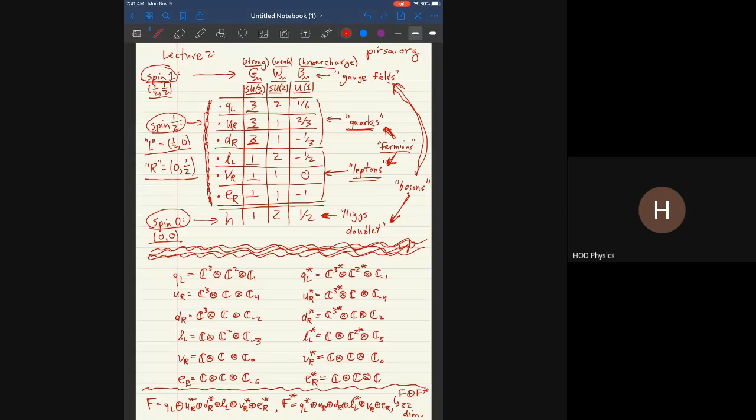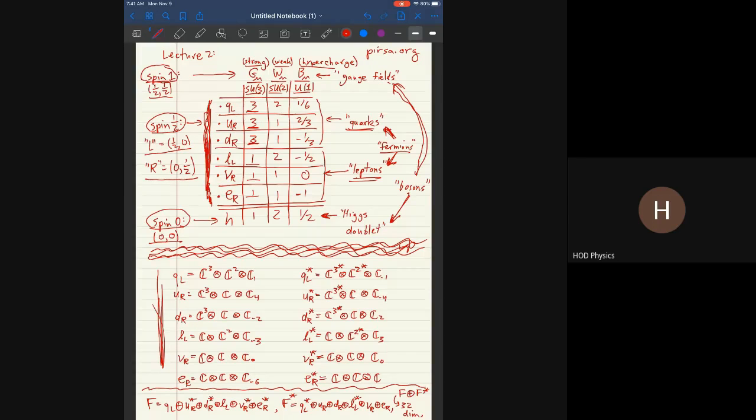Anyway, now in the bottom half of the page here, I'm just introducing a new notation. This section here expresses the same information as this section here. I'm just re-expressing that part of the table, the fermionic part of the table, in a different notation.